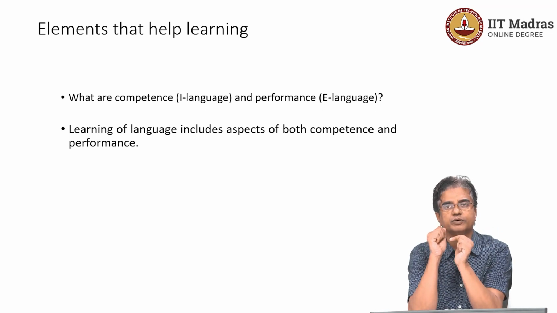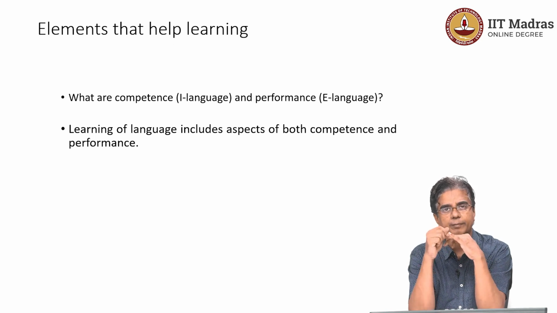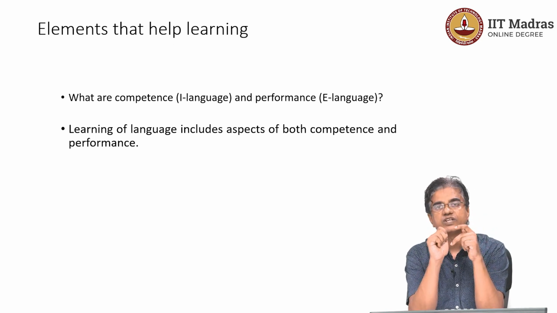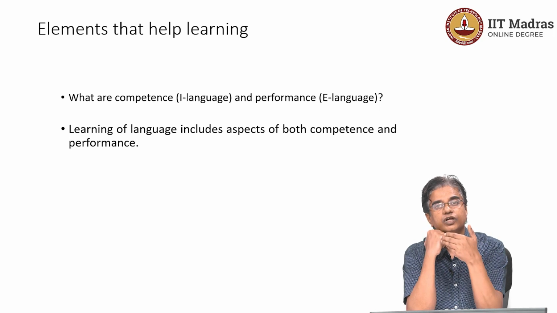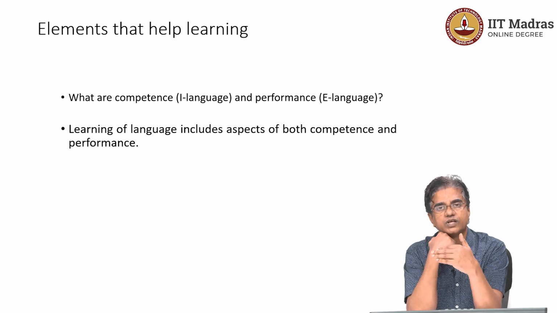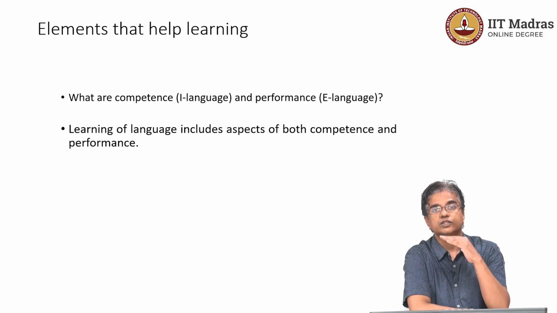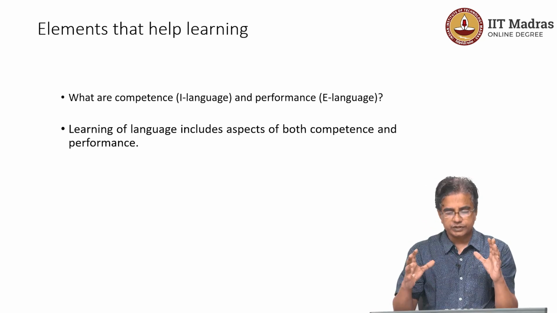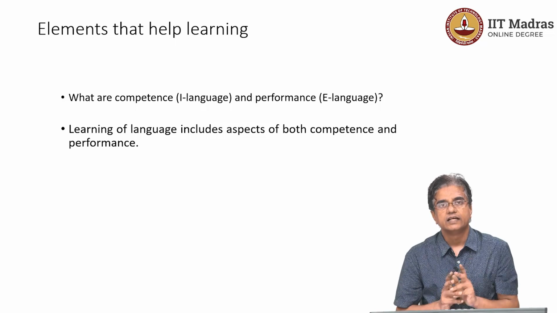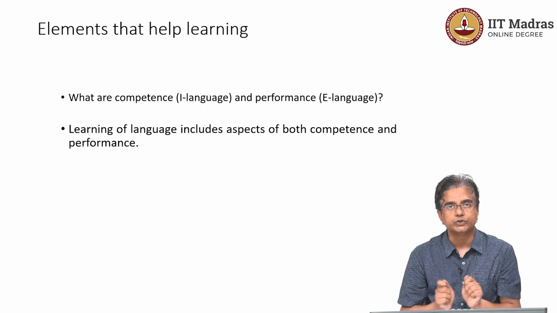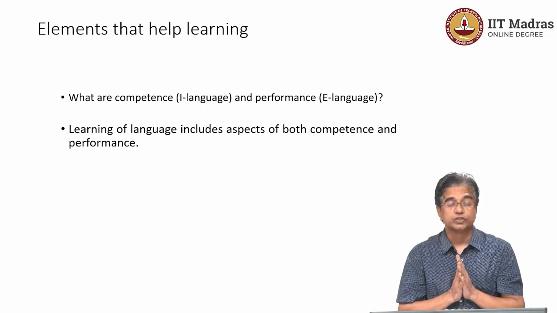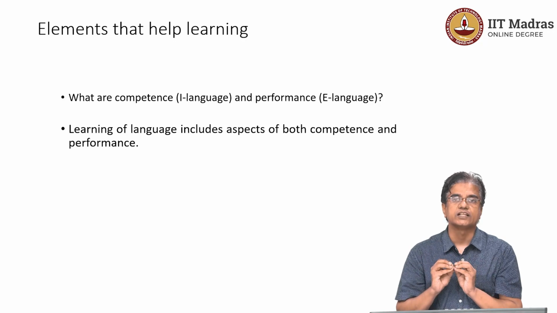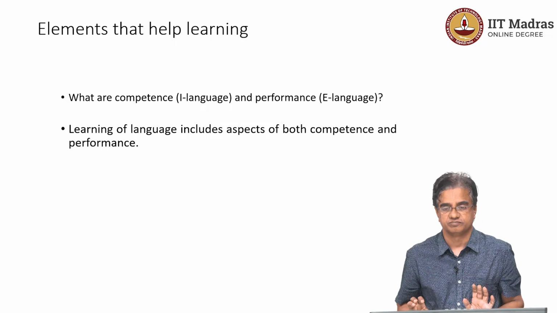At the same time, the terms performance, linguistic performance, pragmatic competence, communicative competence or e-language are the terms for how we use language, for understanding the rules in language use, how we learn the rules of language use. So, as we are saying, learning means both together: rules of language structure and rules of language use. Together, these two things make language learning complete.